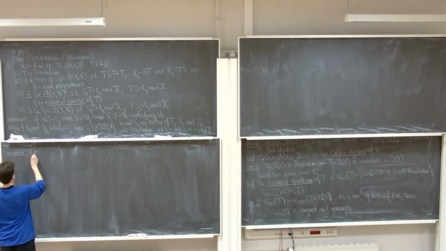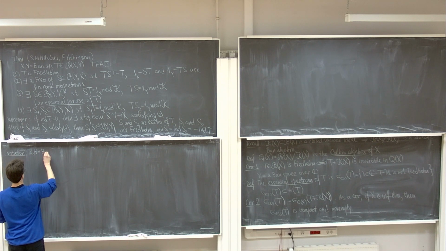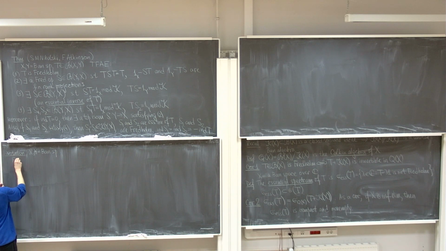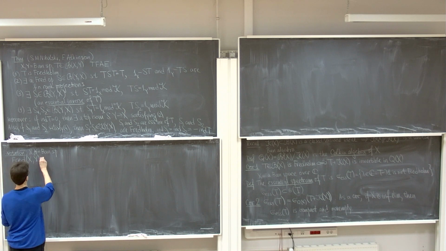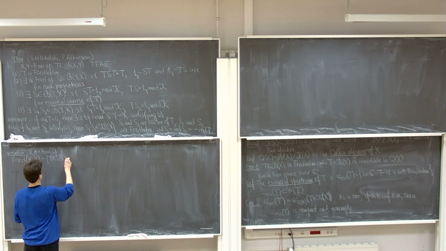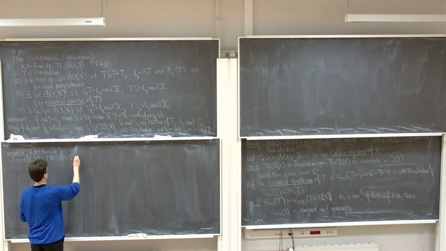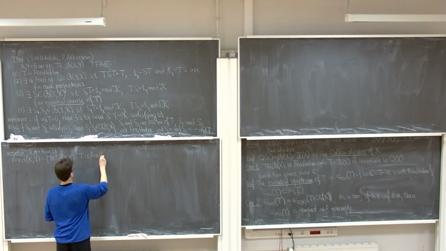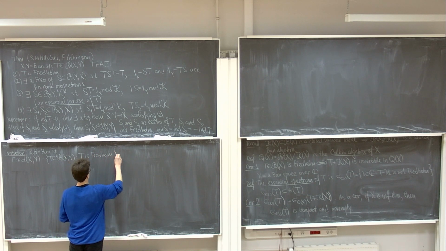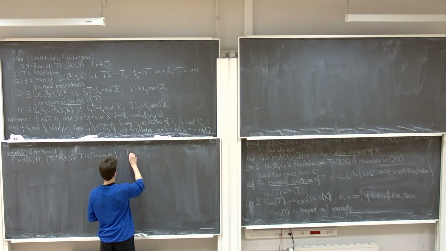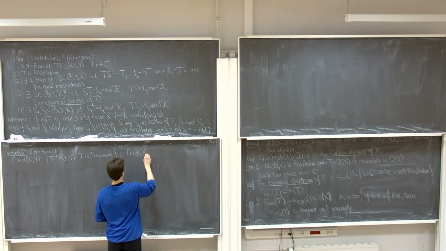If X and Y are Banach spaces, then the set of all Fredholm operators from X to Y will be denoted like this. This is the set of all bounded Fredholm operators. And if X equals Y, then we write just Fred of X.